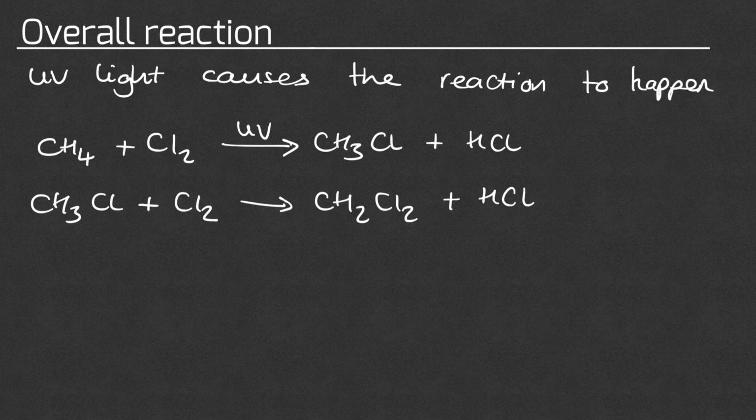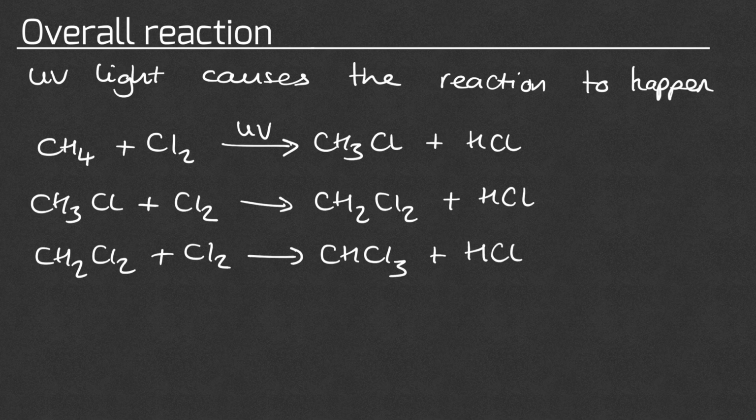And this process can keep on repeating. So the molecule we made in the first step can then react again with another molecule of our halogen, substituting another one of its hydrogens, so going from 3 hydrogens now to 2 hydrogens, adding on another chlorine, then producing another molecule of HCl. This reaction can then happen again, so the product we've made here, CH2Cl, can then react with another halogen molecule, substituting another hydrogen for a chlorine and producing another molecule of HCl.